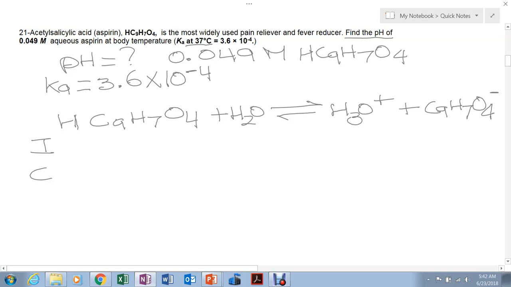So the first step would be ICE, because Ka is given and the concentration of the acid is given. So we do ICE, we find the hydronium concentration, and then we find the pH. So this would be 0.049.